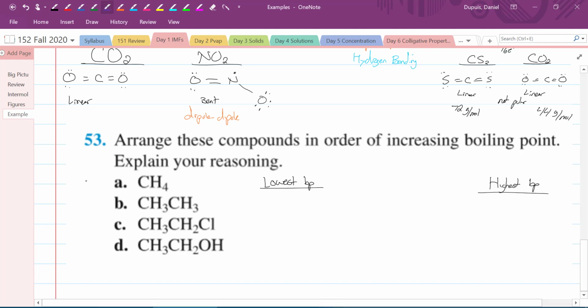Well, they all have London dispersion. So let's look at that. Is any of these polar? Yes. We have dipole-dipole in the last two, because they're no longer symmetrical.